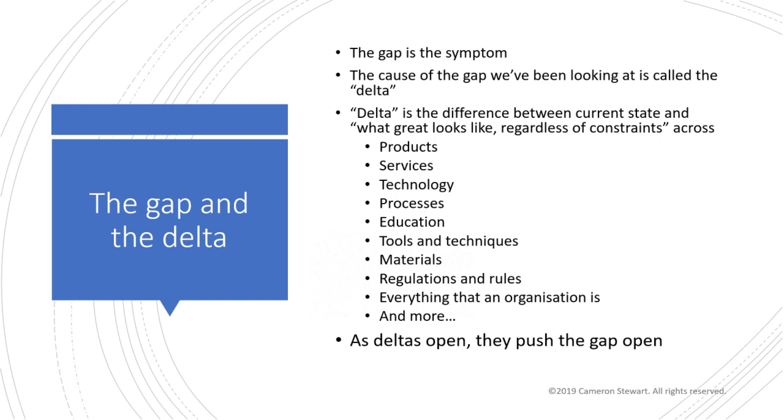In fact, everything that the organization is, and more, they should look beyond their own organization into their partner chains. Everywhere that the deltas open, this gap between what's supplied and what the users want or need is opening.